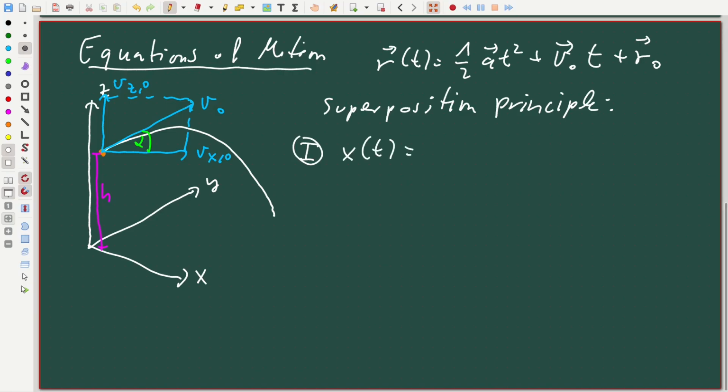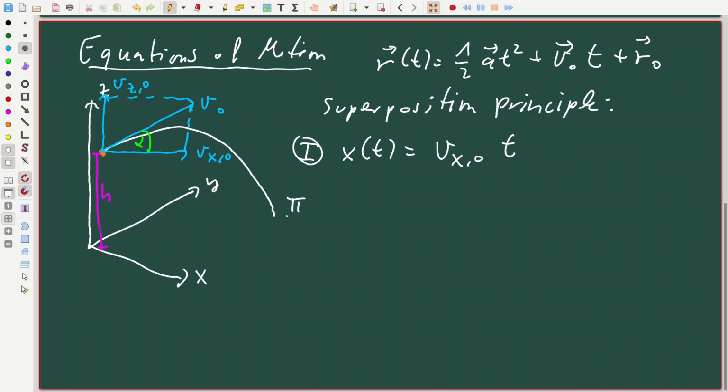So we start with the one for x, and here we don't have any acceleration in x direction. So this first term 1/2 a t squared vanishes, and we can directly write down the speed in x direction, which would be in this case vx0 times t. And then we can always shift our coordinate system in a way that we don't have any offset. So we can also ignore the last term r0.